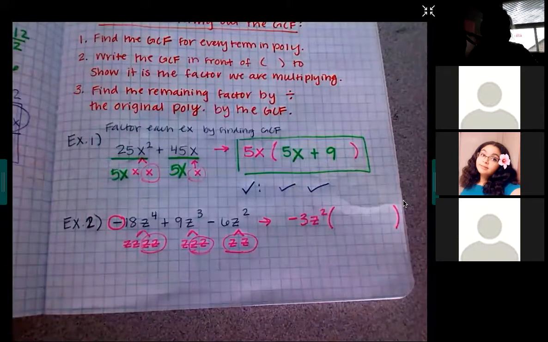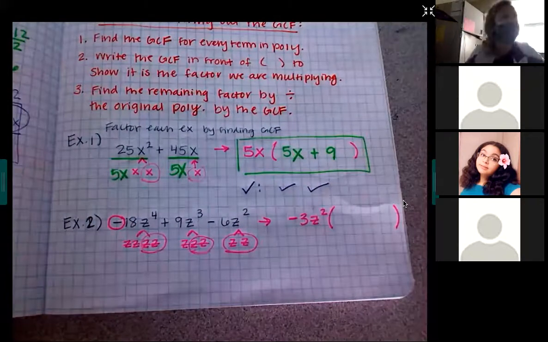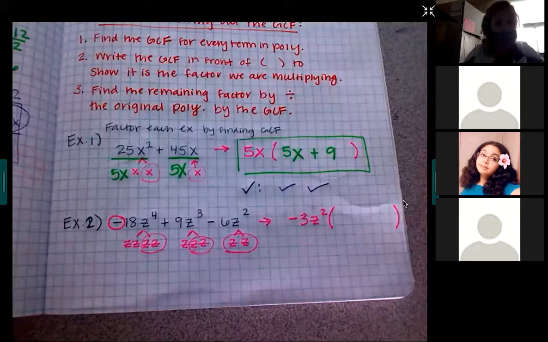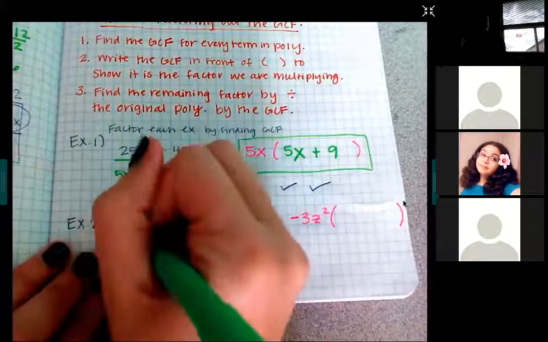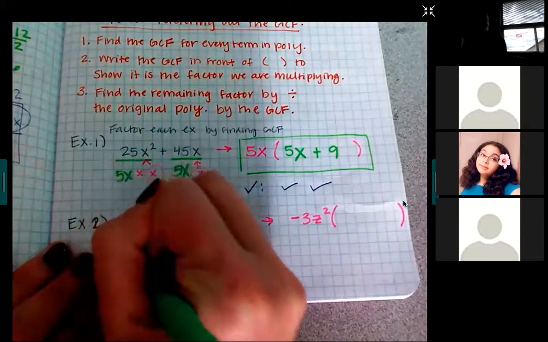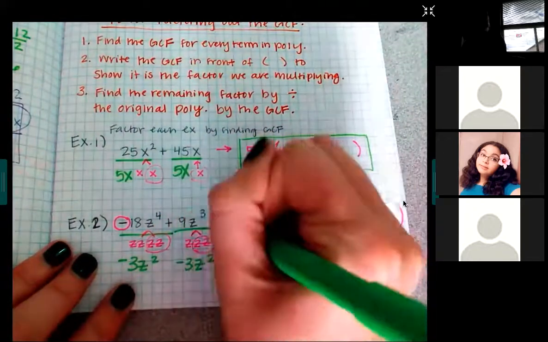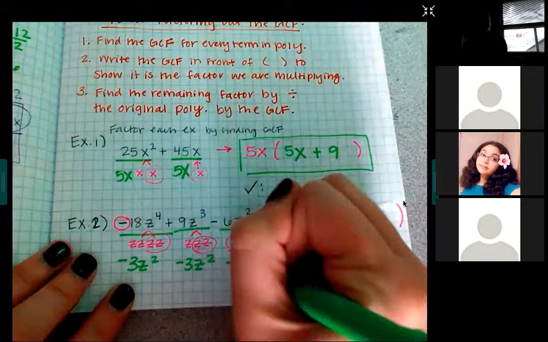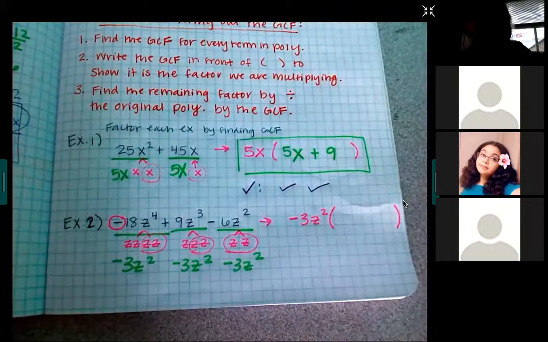So to find out what goes in parentheses, what do I do? What's step 3? Divide. Divide by the greatest common factor. So we're going to divide each of these. We'll put it right here by negative 3z squared. I'm going to divide everything by negative 3z squared. And that'll tell me what goes in my parentheses.